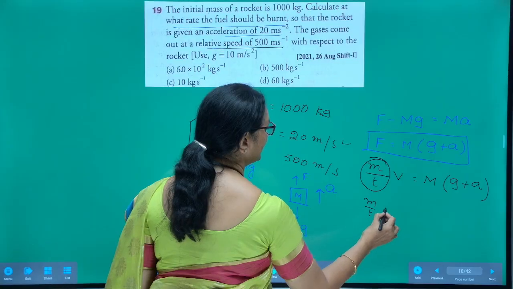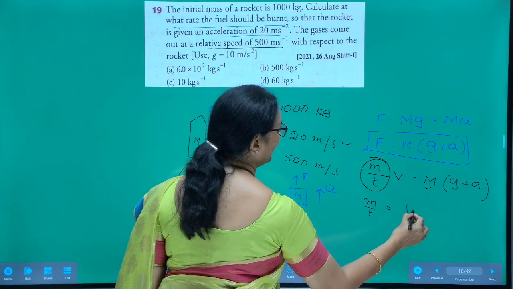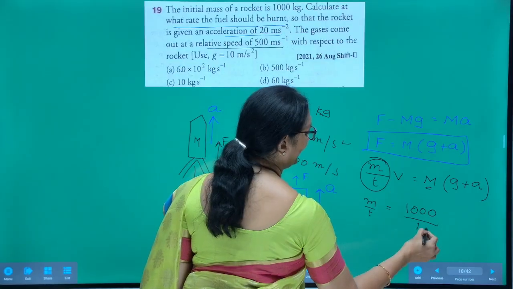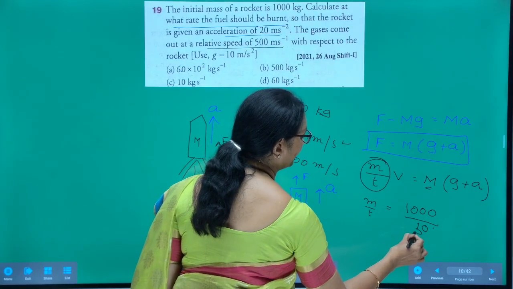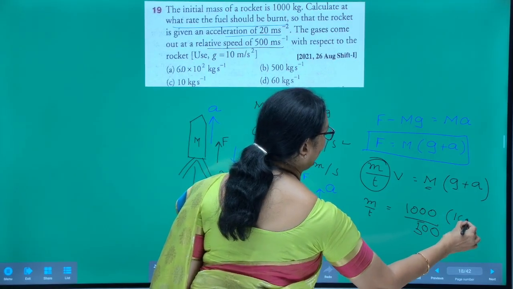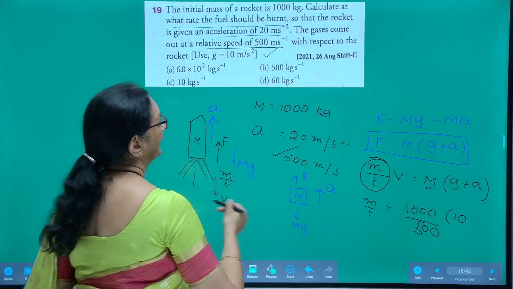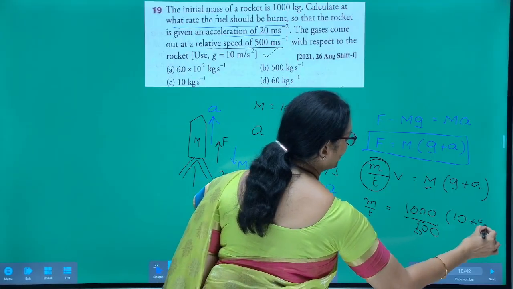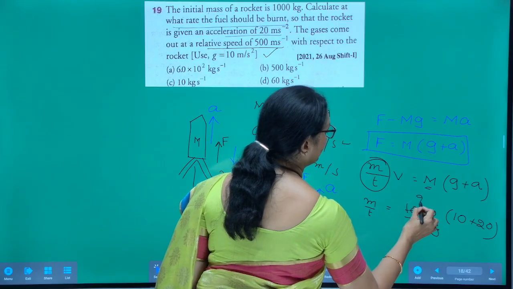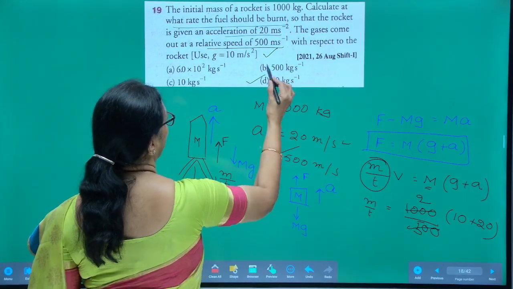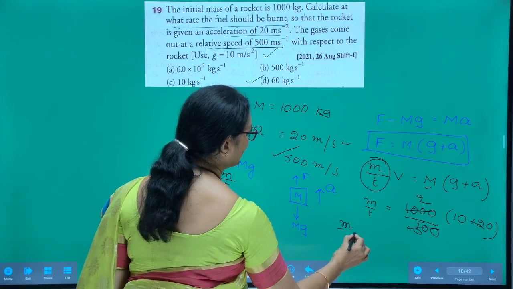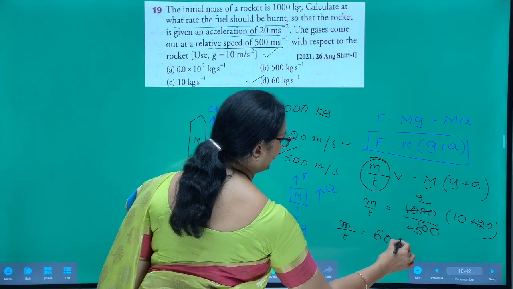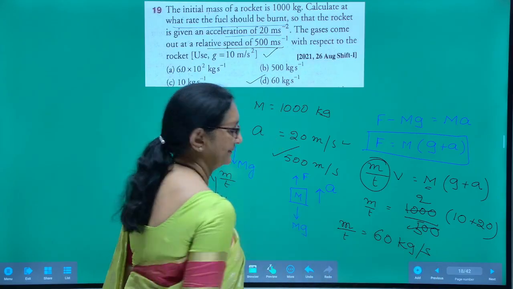So, m by t is equal to mass of the rocket given as 1000, velocity of ejection of hot gases, this v is given as 500, g is given as 10, a is 20 meter per second square, so 10 plus 20. So, here this is 2 into 30, it is 60. The rate at which the fuel is burnt is 60 kg per second.